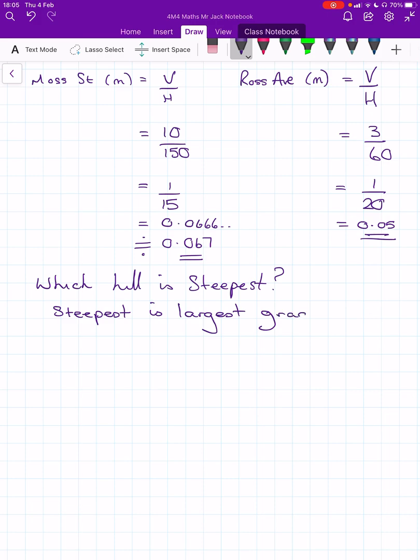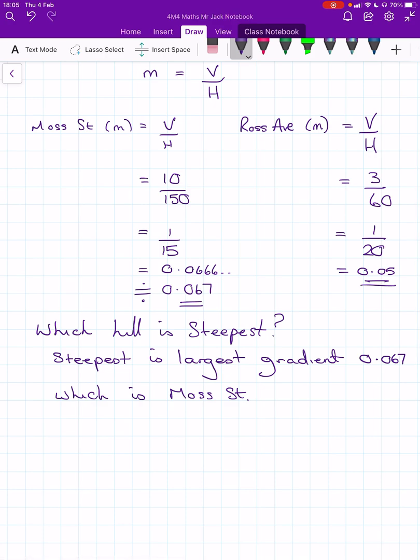And the largest gradient, when we've got them in decimal format, it's really easy to tell, is 0.067, which is Moss Street. Okay, so Moss Street is the steeper of the two streets, because it has the larger number.